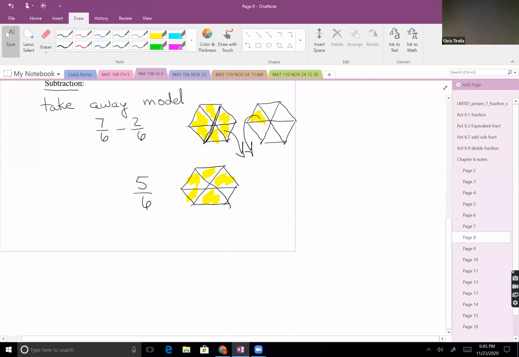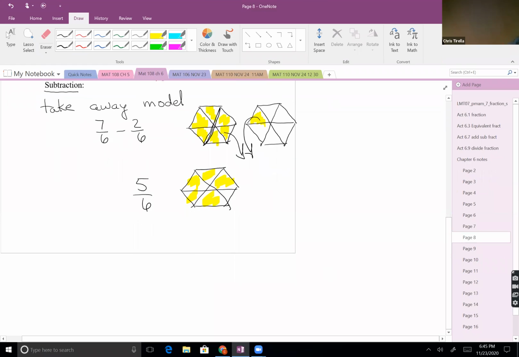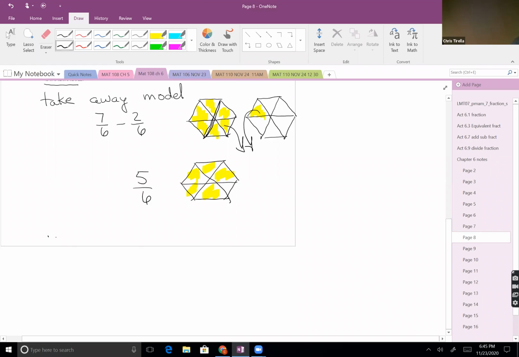In addition to that takeaway model with shapes, area model, we could use a missing addend model for subtraction using the strips.